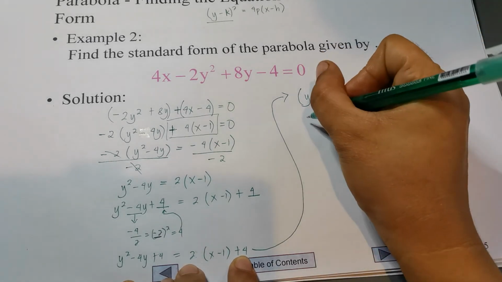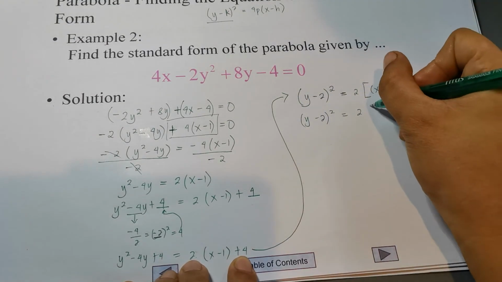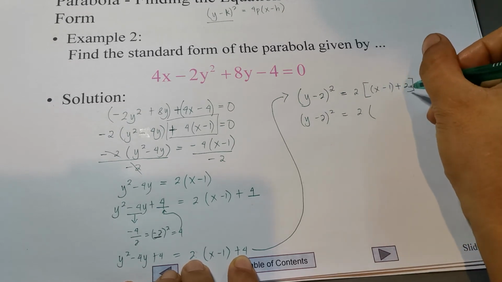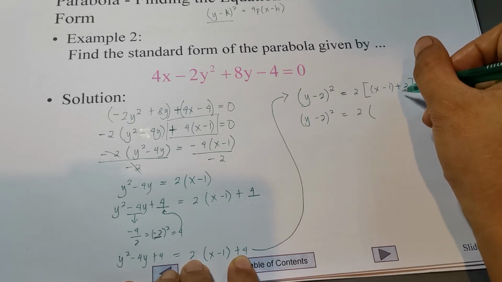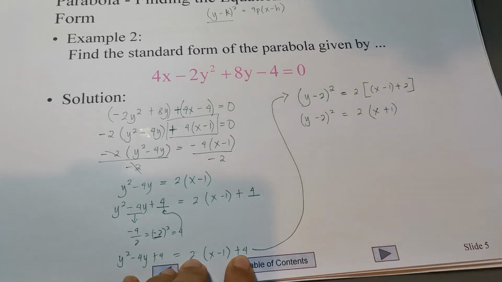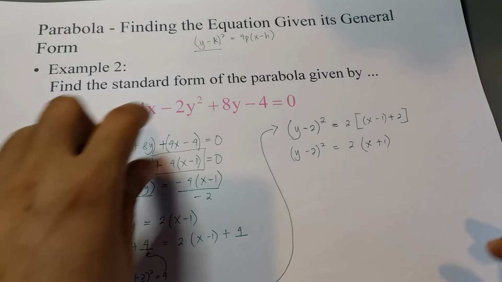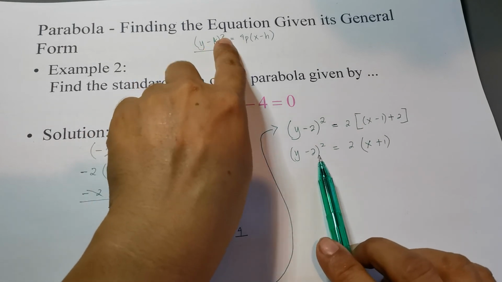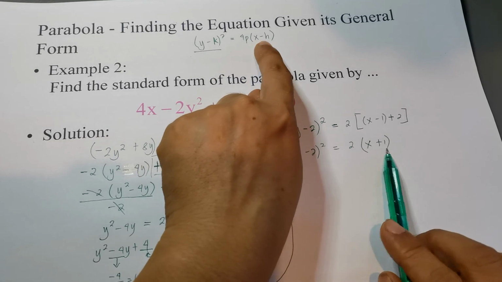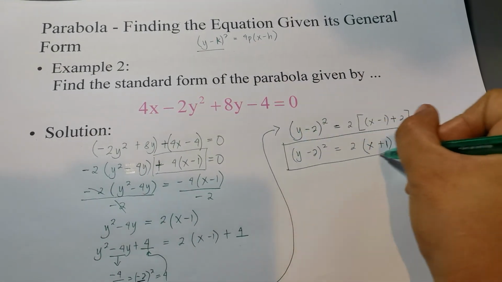And so we have y minus 2 quantity squared equals 2 times, you can already add that, x plus 1. So it is already in its standard form: y minus k quantity squared equals 4p times x plus 1. As simple and as easy as that.